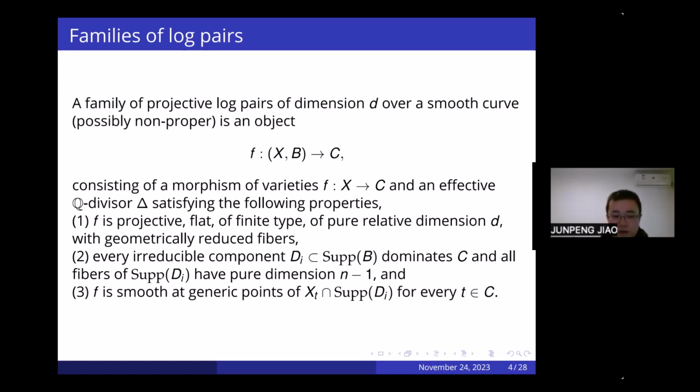We also need to assume f is smooth at the generic points of every component of the intersection of X_t with every component of the boundary, and it's for every point.